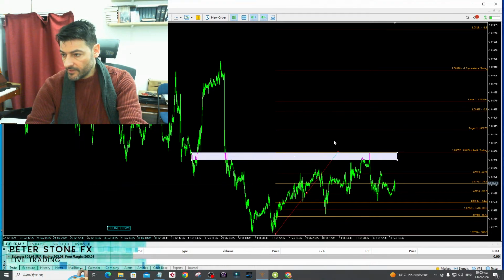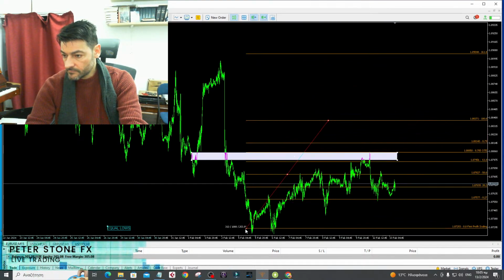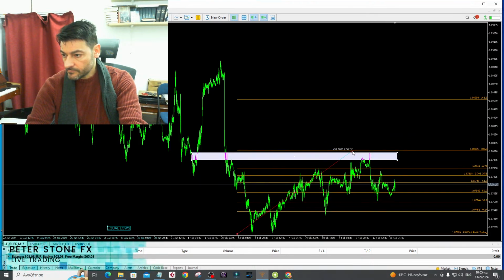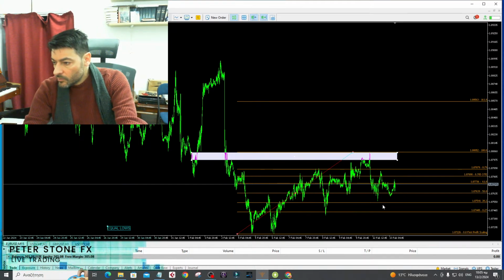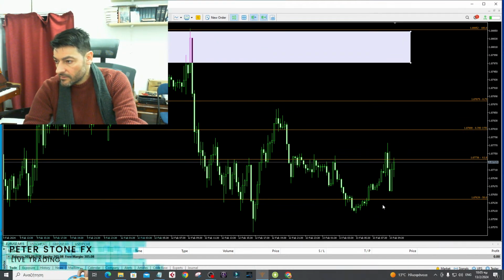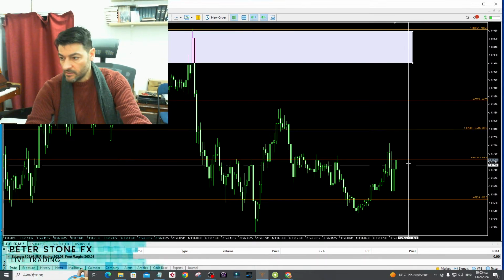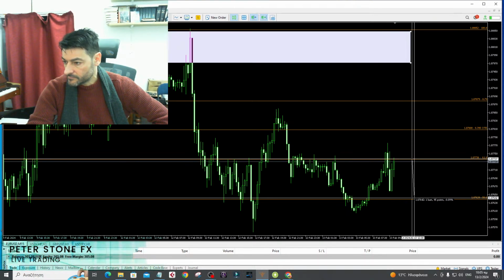So in the 15-minute time frame, we are actually in an optimal trade entry. We just hit the 61.8. This for sure will have an impact, go lower, and let's see how many pips is this area. Not even 10.